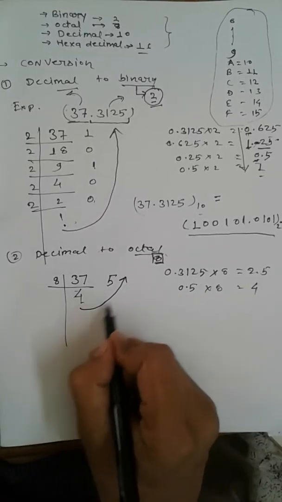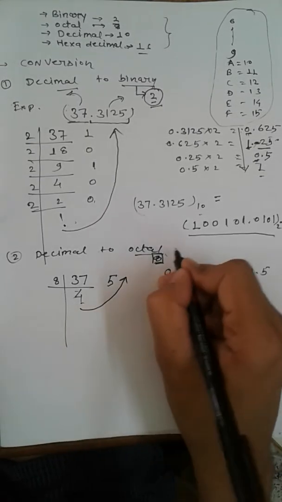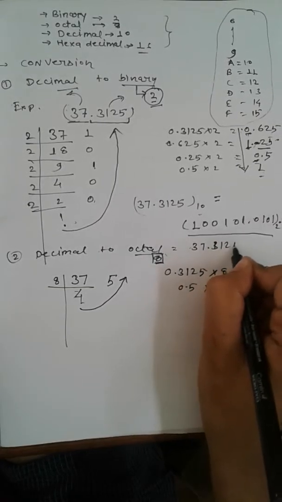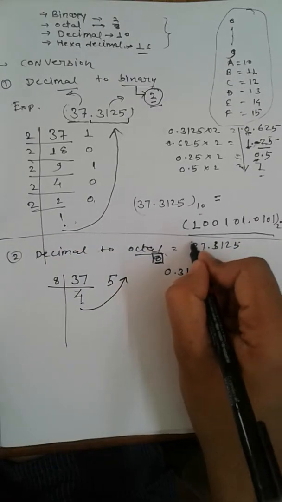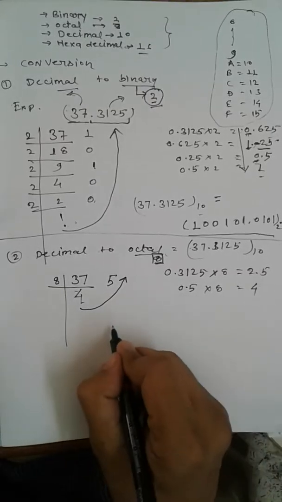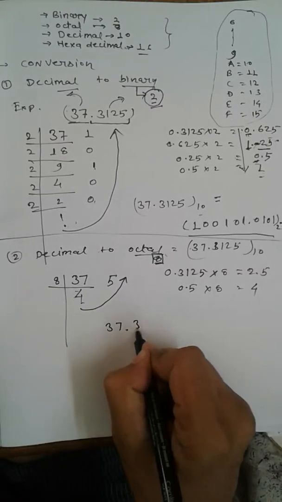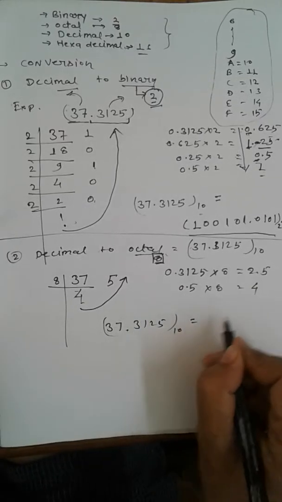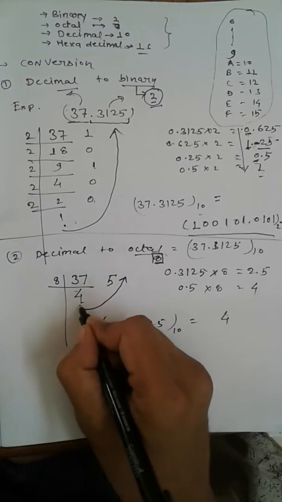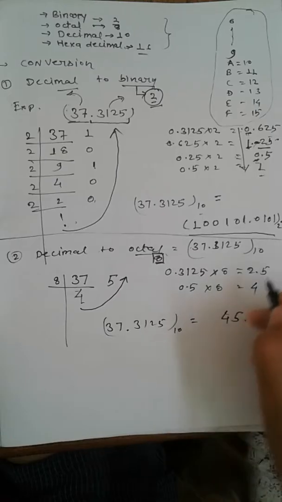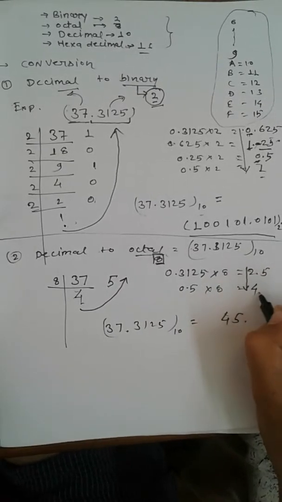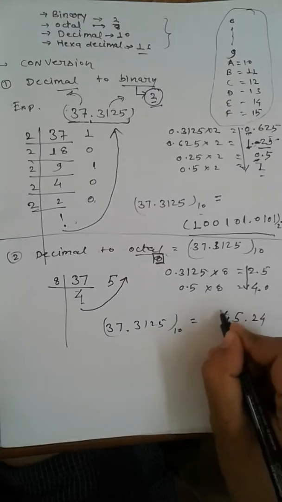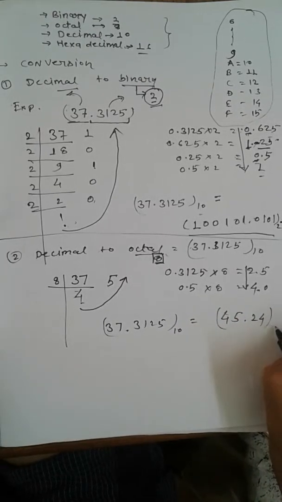So the octal equivalent of 37.3125 is 45 point, then going from upper to lower, 2 4. This is in octal.